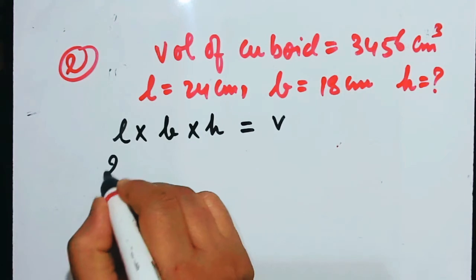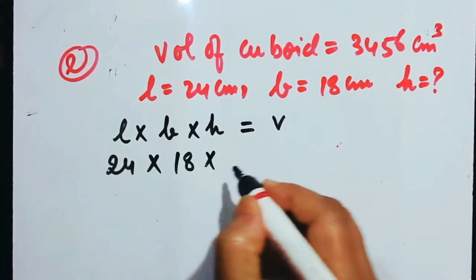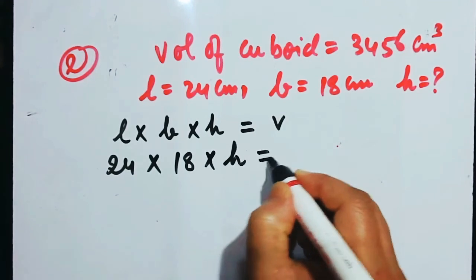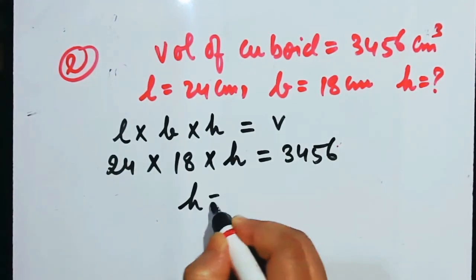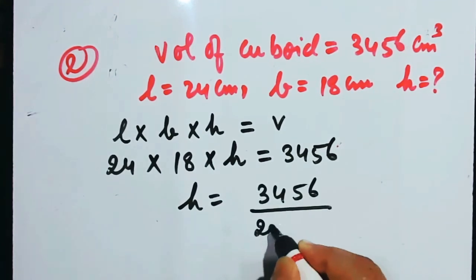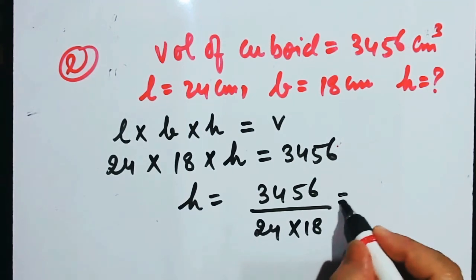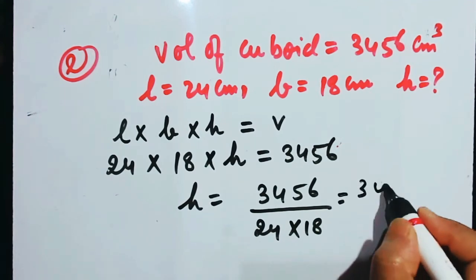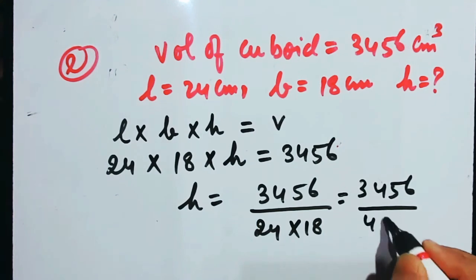My length is 24 centimeter, breadth 18 centimeter, height I do not know, is equal to 3456. So naturally height will be equal to 3456 divided by 24 into 18. Isn't it? 24 into 18, which will give you a value 3456. When you multiply it or you cancel it, isn't it?